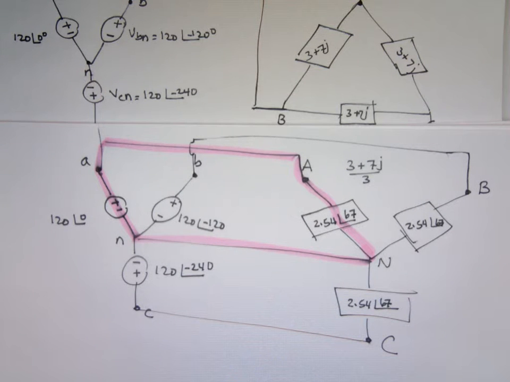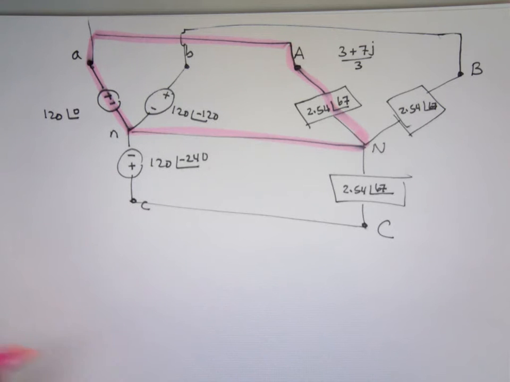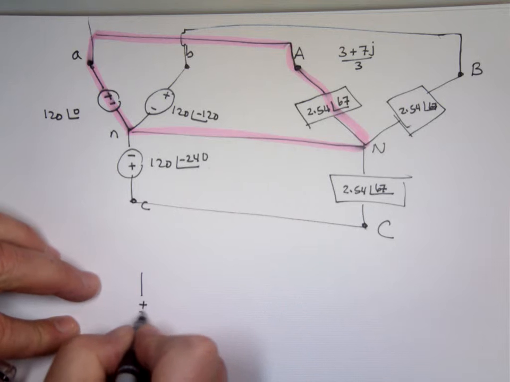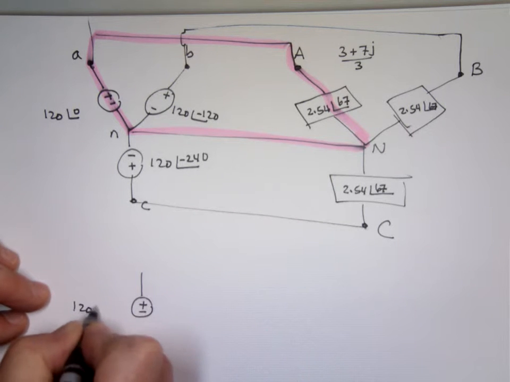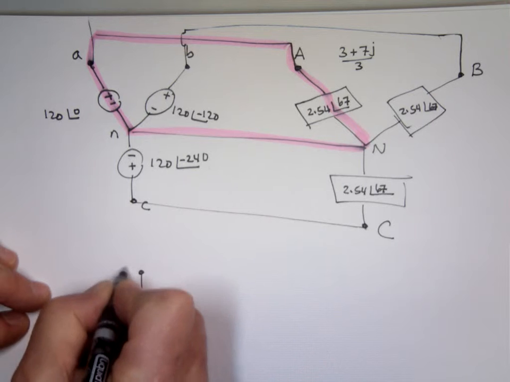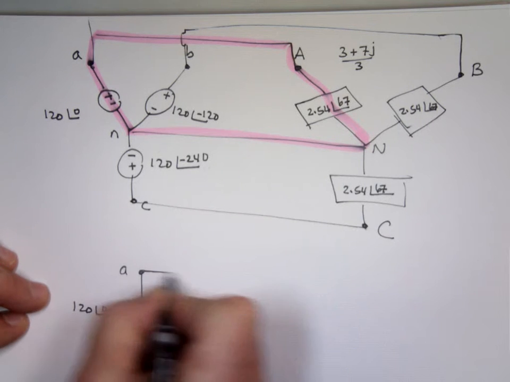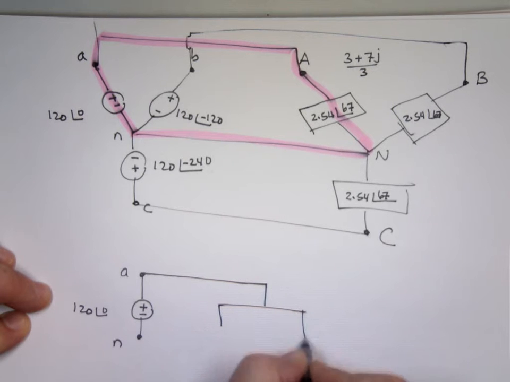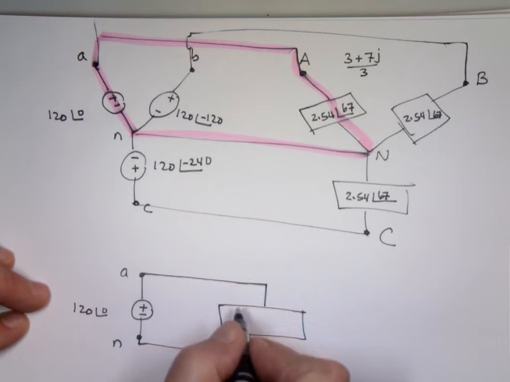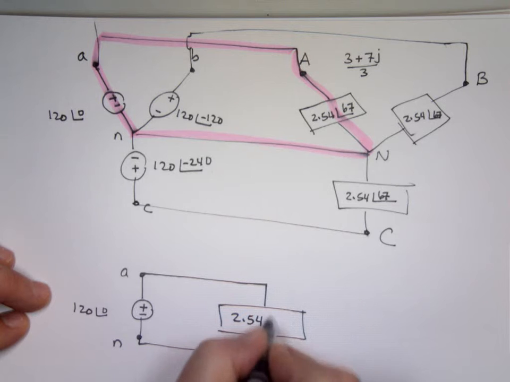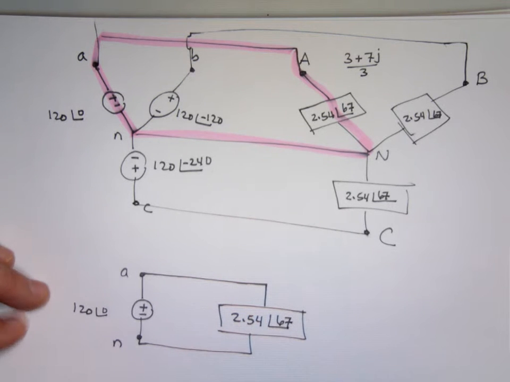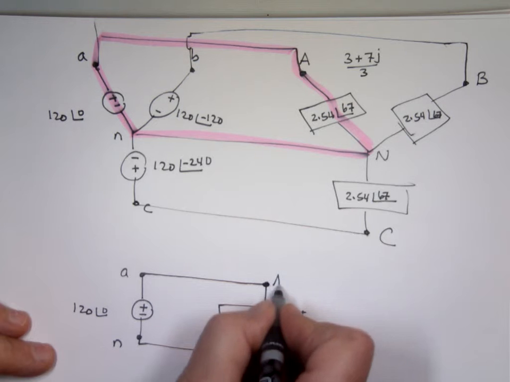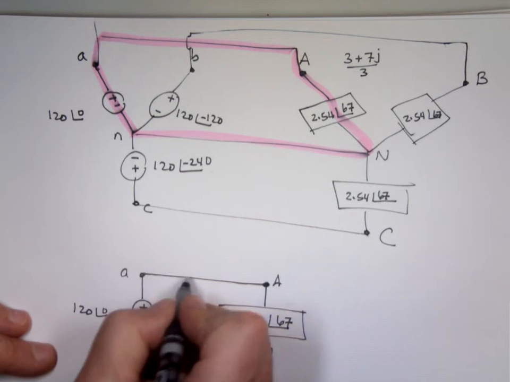So if I draw just one of them and try to analyze that, I will have this circuit. 2.54 angle 67 degrees, and this is capital A, capital N. Can I find the current I sub AA now?